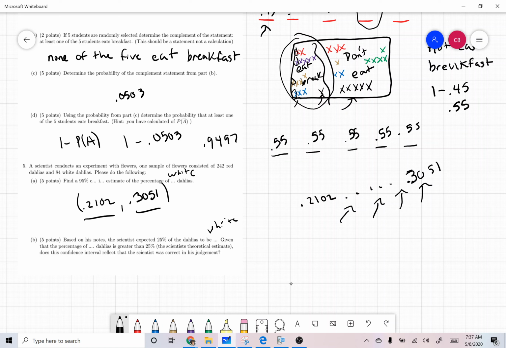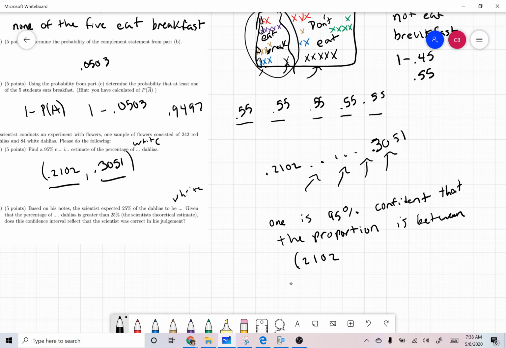So remember, your statement would be something like one is 95% confident that the proportion, well, maybe not the true proportion, is between 0.2102 and 0.3051, and the prediction of 25% falls in line with this.